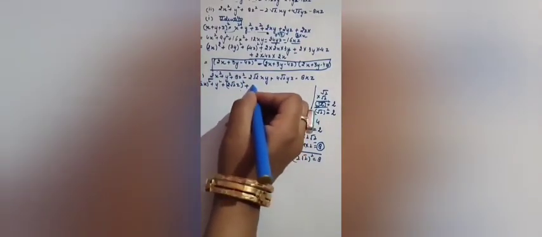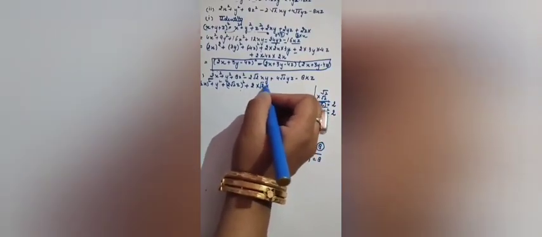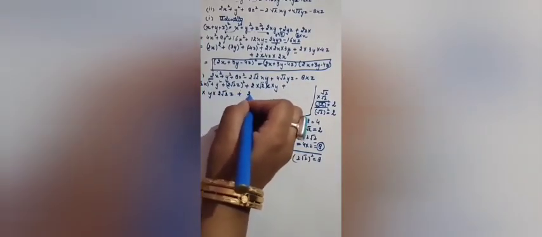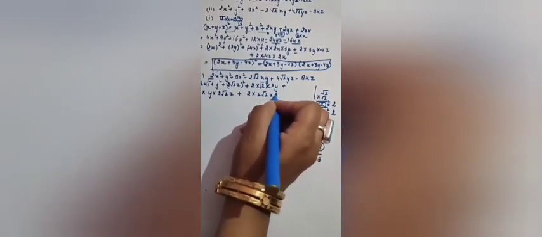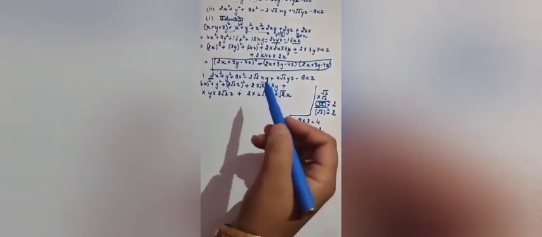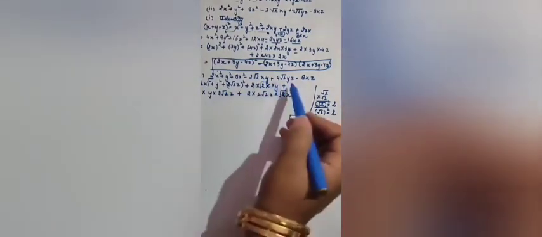After that again I will take the sign plus 2 into 2 root 2 x into y plus 2 into y into 2 root 2 z plus 2 into 2 root 2 z into root 2 x here. Now students, you can see that 2 root 2 xy, 2 into 2 will be 4, 4 into root 2 yz, this is the term.